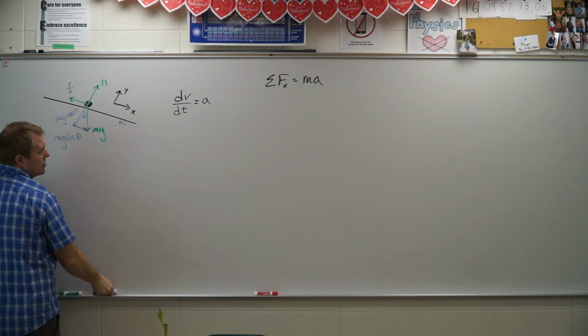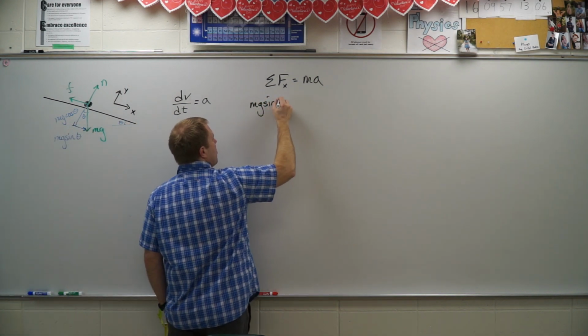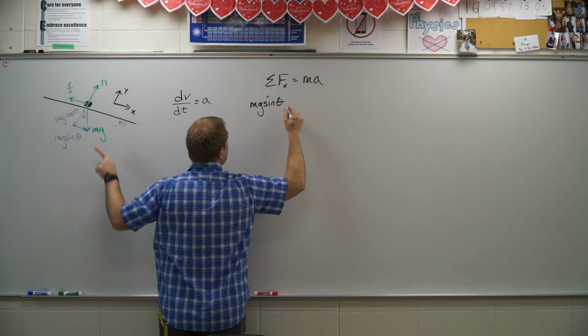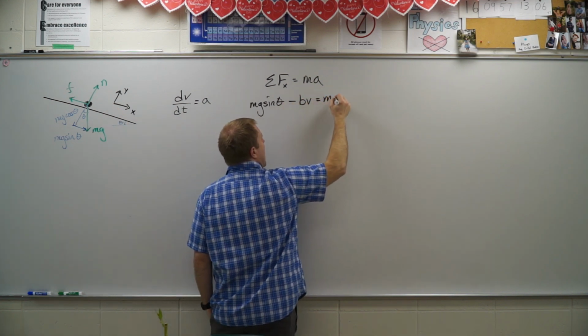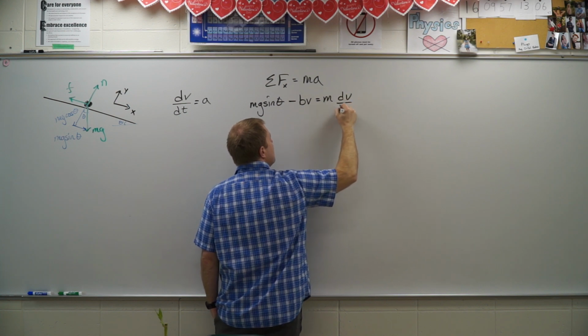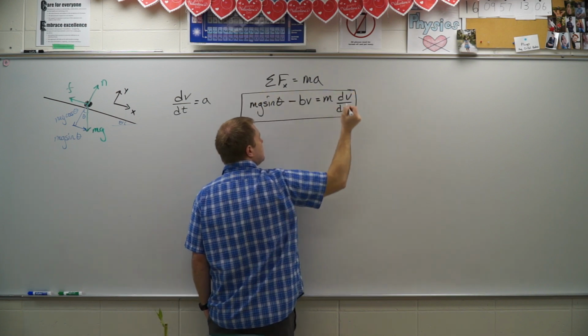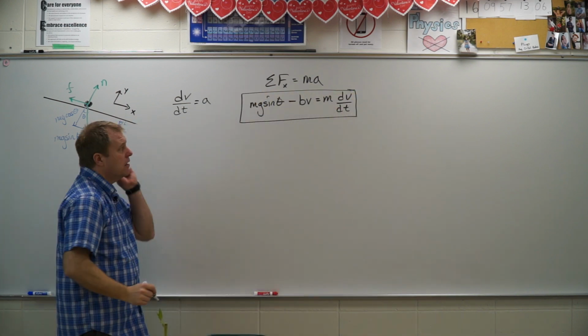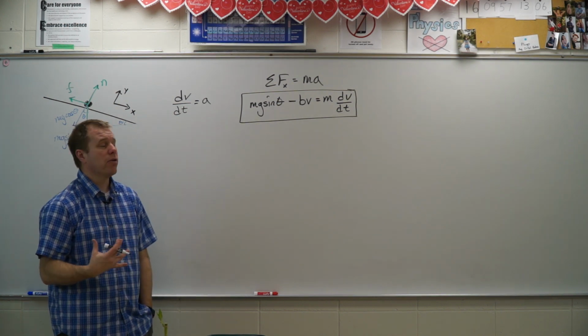So in my x direction, I have mg sine theta, and then I also have my resistive force acting in the opposite direction, bv, equal to m times a. And I'm going to replace a with dv/dt. I now have written a differential equation that could be solved for velocity.